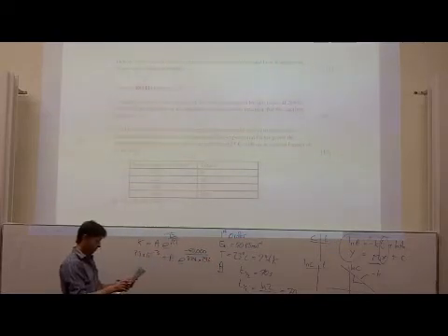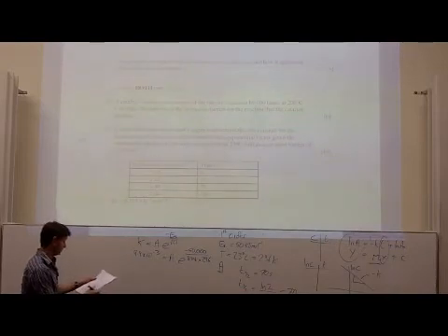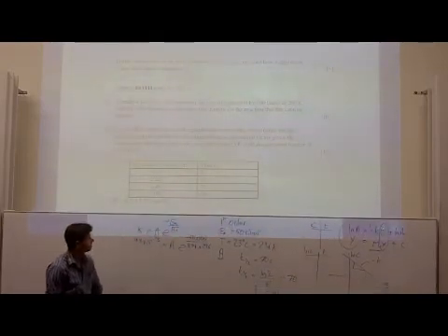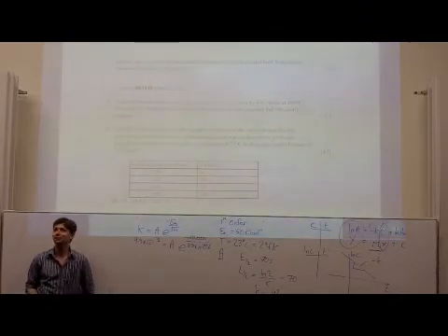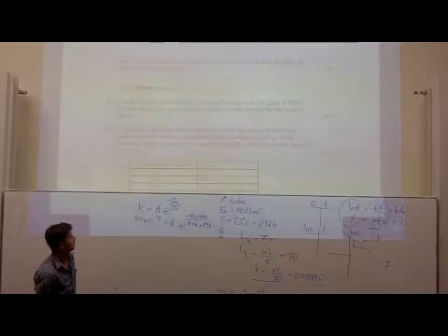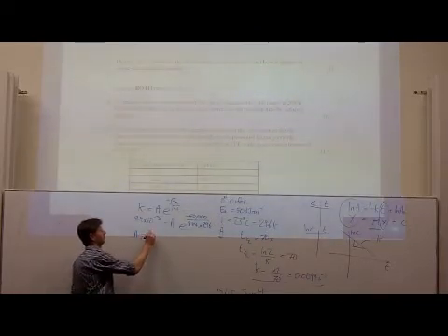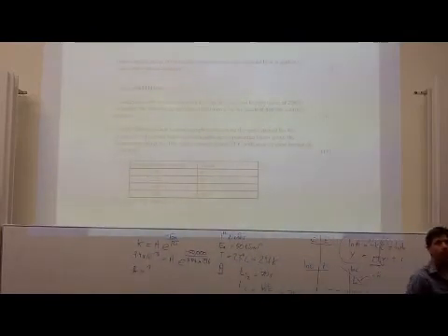I don't know if I did this calculation, I didn't. Plug that into your calculator and you should get an answer, but I haven't got it for you. Okay, any questions on that one?